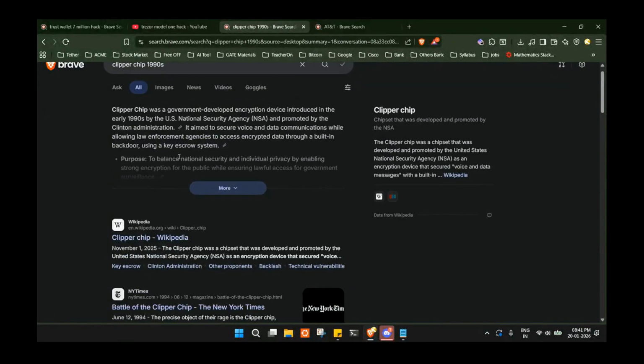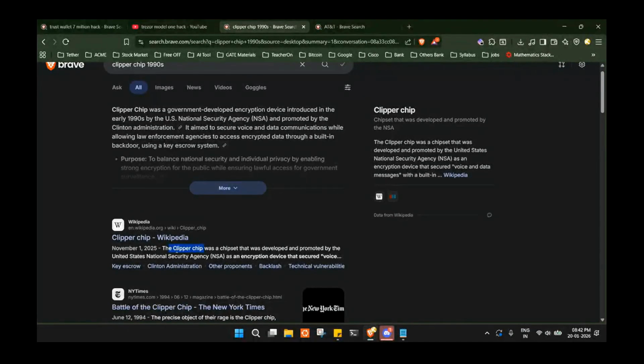They were providing all the telephones with the Clipper chip, and there was a loophole or backdoor inside. If the US government wants to listen to what you are communicating, because generally if you are using the telephone and communicating with someone, that is encrypted communication. So people think, okay, what we are communicating is secure, but that is wrong, because 99% of telephones were going to use the Clipper chip, and there was a backdoor for the US government.